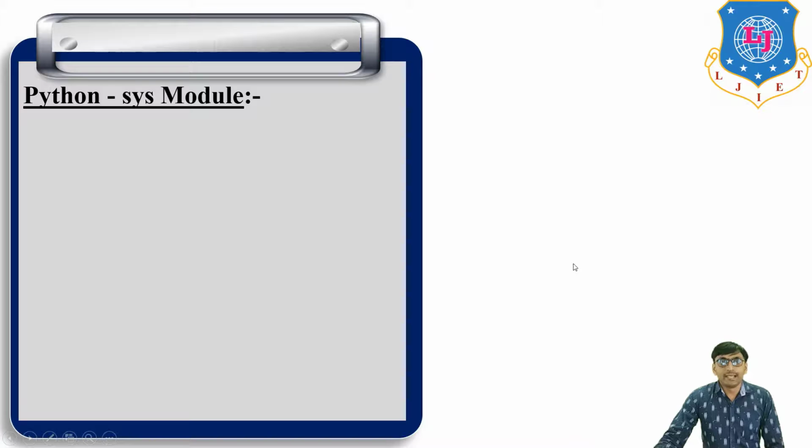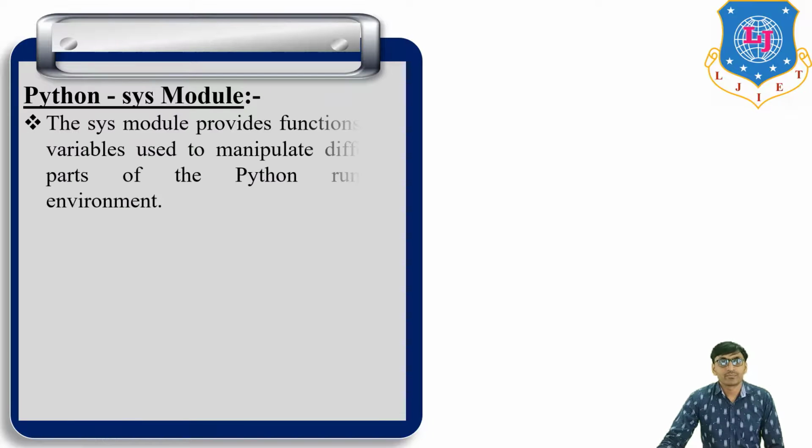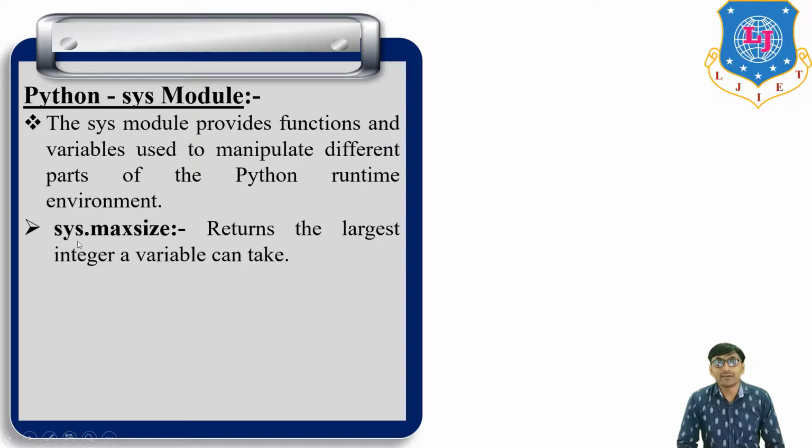Then the Python sys module. The sys module provides functions and variables used to manipulate different parts of the Python runtime environment. Now sys.maxsize returns the largest integer a variable can take.